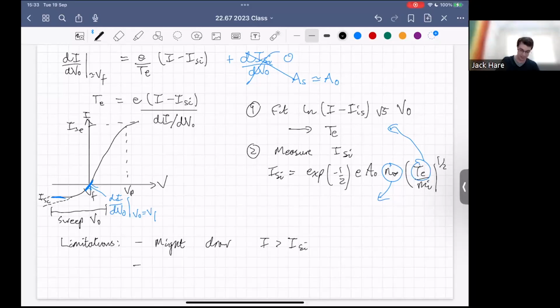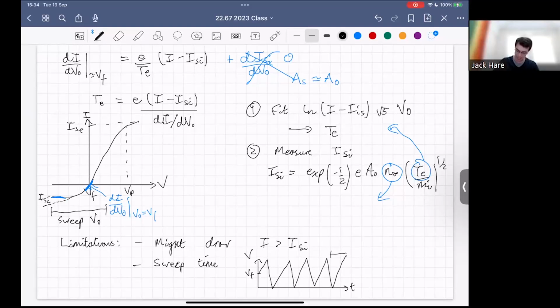The other disadvantage is the sweep time. We're talking about literally sweeping the potential. I wish I could draw straight lines. There we go. So if we've got time here and voltage here, and this is the floating potential, maybe we have a sweep pattern that looks like this.